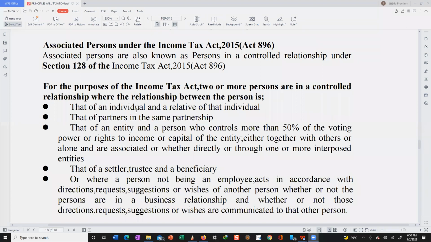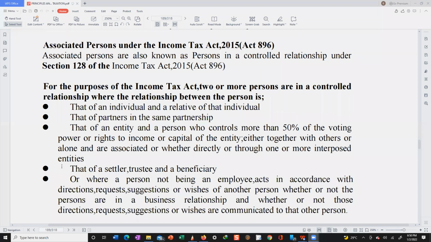Now, partners in the same partnership are also deemed to be in a controlled relationship. Also, when you have an entity and a person who controls more than 50% of the voting rights of the entity, either together with others or alone, whether directly or through one or more interposed entities, like the example we saw, A acquiring B, that is direct, or A acquiring B, B acquiring C, meaning A has indirect control in the other entity, they also become persons in a controlled relationship.